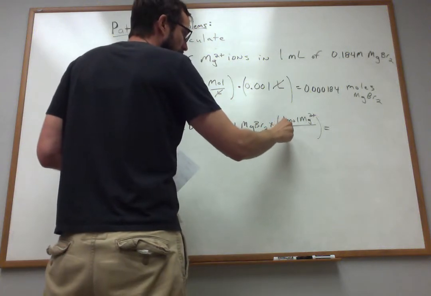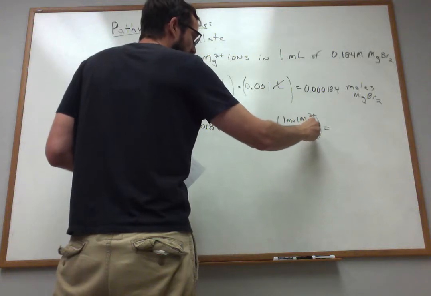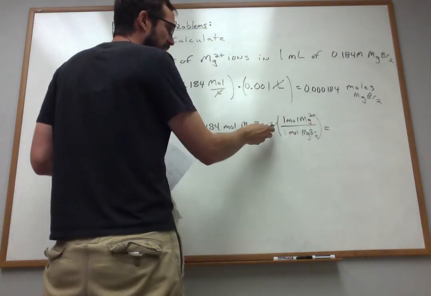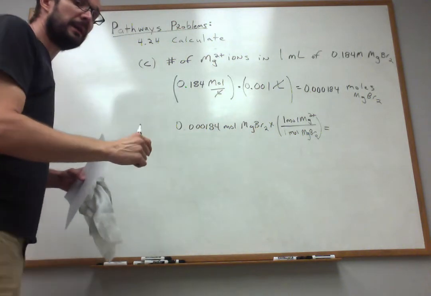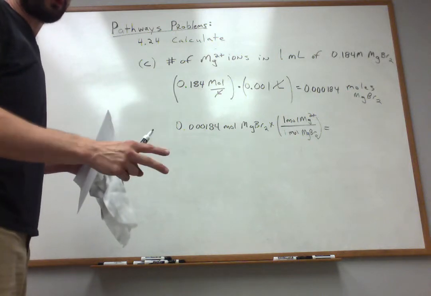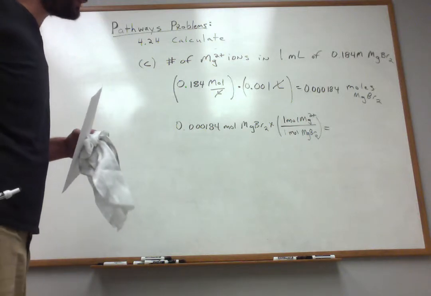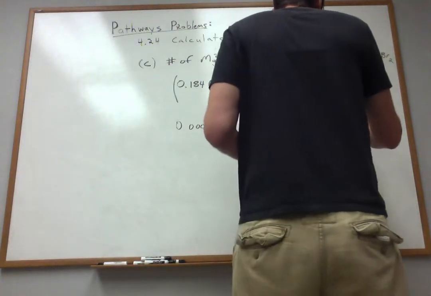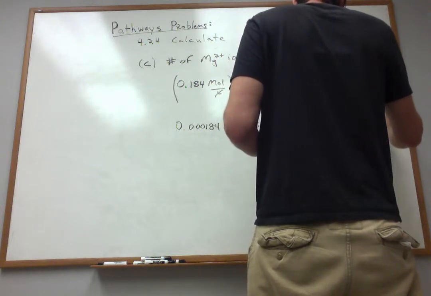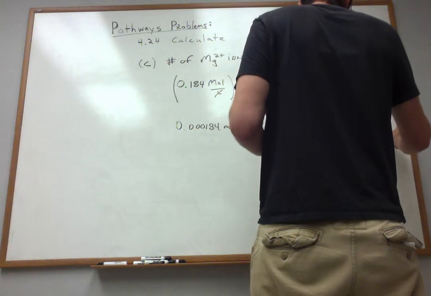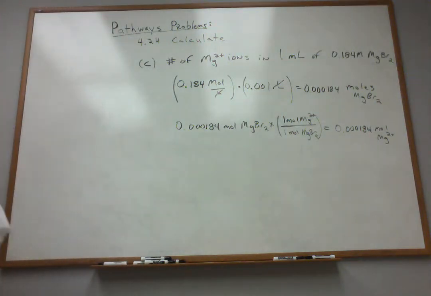For every 1 mole of my MgBr2, I've got 1 mole of magnesium ion. Now, if I was talking about bromide, it'd be different. There's 2 moles of bromide per 1 mole of magnesium bromide. But for magnesium, there's a 1-to-1 ratio. So that tells me that the same number of magnesium ions are contained in that 1 milliliter volume, 0.000184 moles.